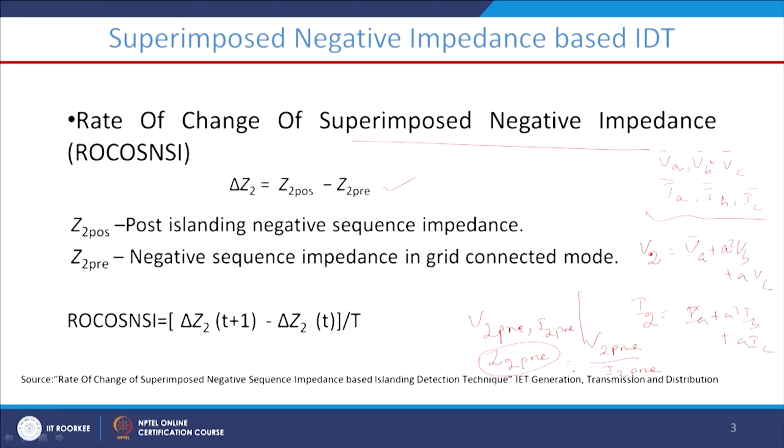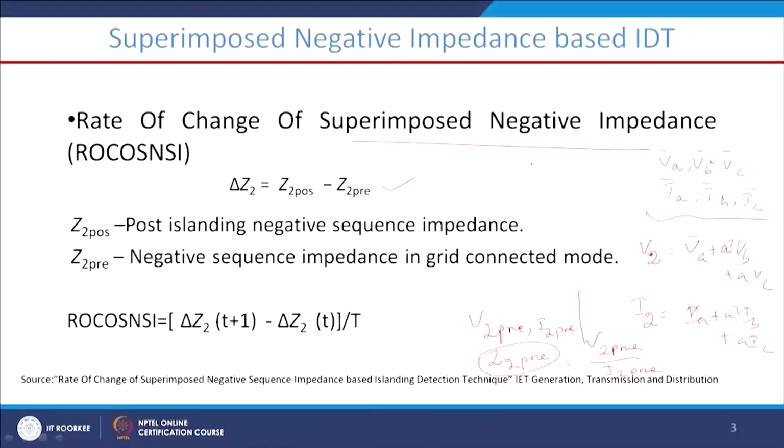Now, suppose some islanding occurs. During the islanding mode of operation, because it is a continuous process, the islanding relay is mounted at the terminal of the DERs, where we continuously measure the voltage and current, and the corresponding negative sequence components of the voltage and current are calculated continuously.